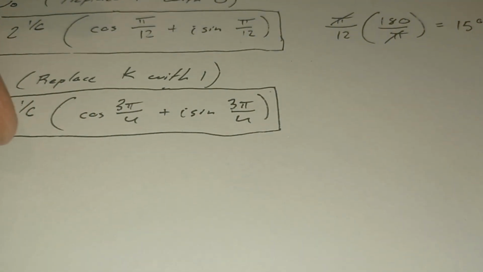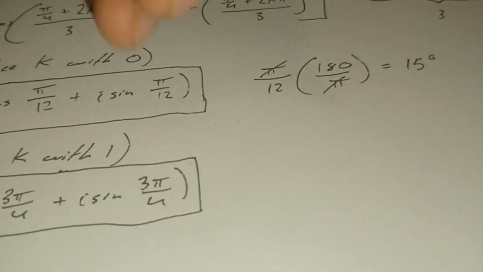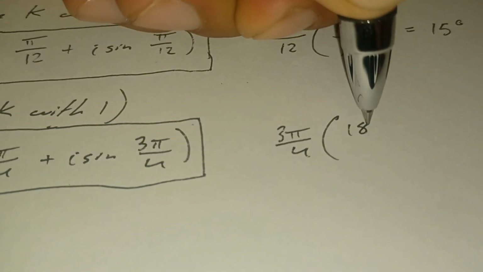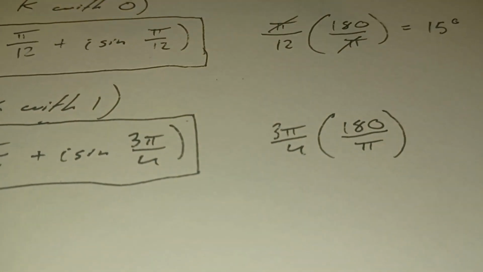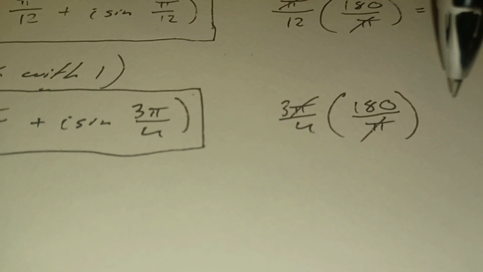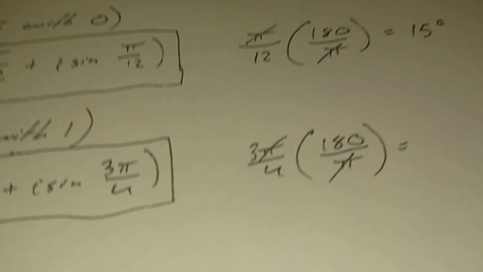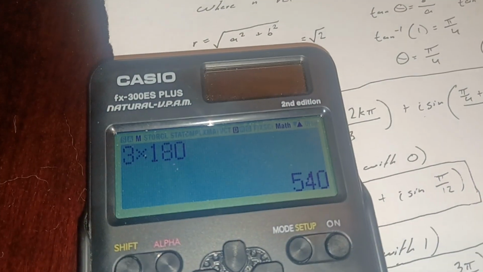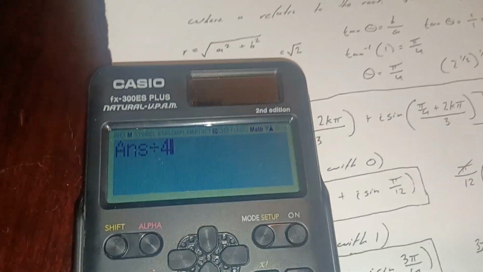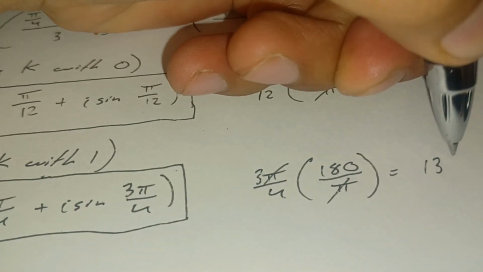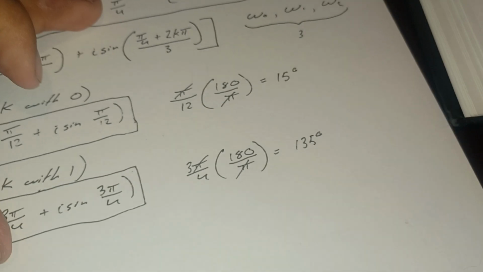If you want to convert 3 pi over 4 into degrees, you can: 3 pi over 4 times 180 over pi. You cancel the pi's and multiply across. 3 times 180 divided by 4 gives you 135 degrees. So if they're asking for degrees, just replace the 3 pi over 4 with 135 degrees.